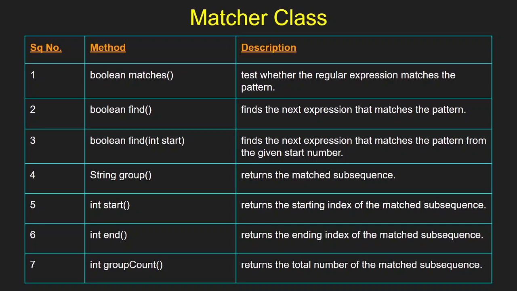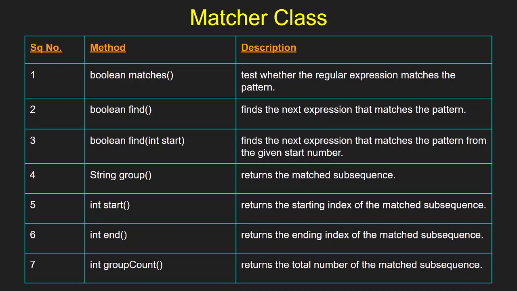Next is start, it returns the starting index of the matched subsequence. Now if there is a big file and you want to know where that regex has matched the value, then you can use the start function. Next is the end function. If you want to know what was the last index where it found the match, then it will be returned using end.